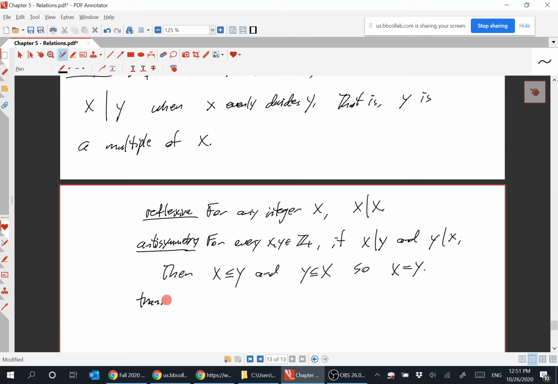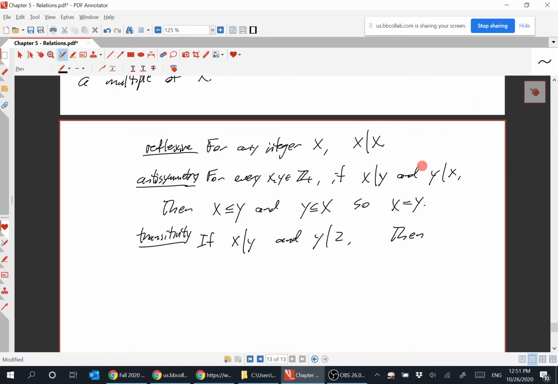And transitivity, right? So if x divides y and y divides z, does x divide z? Well, x dividing y means y is a multiple of x. Then y is equal to k times x for some k. And z is a multiple of y. Z is equal to y times l for some l.